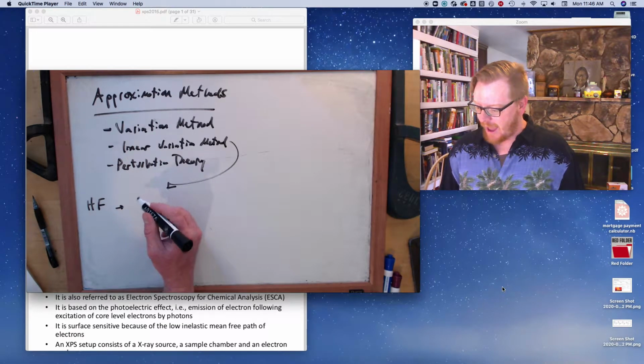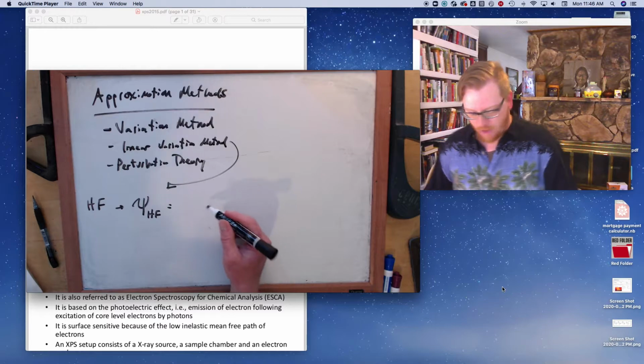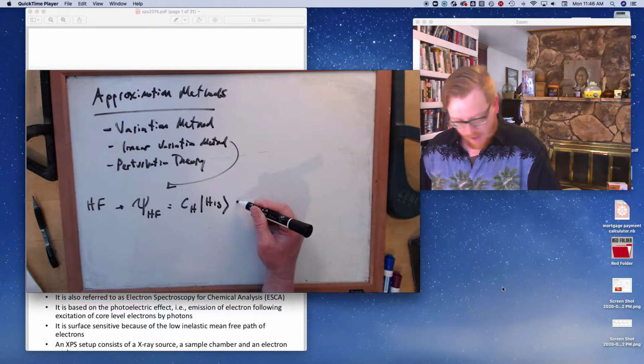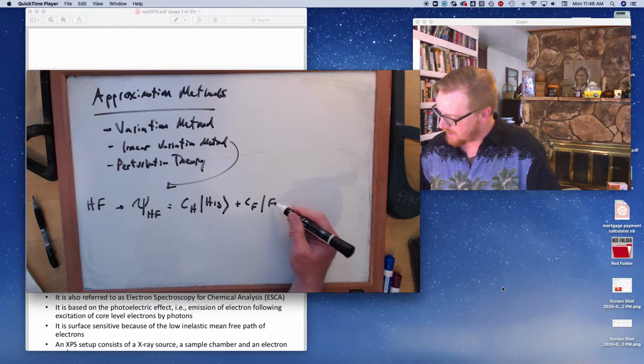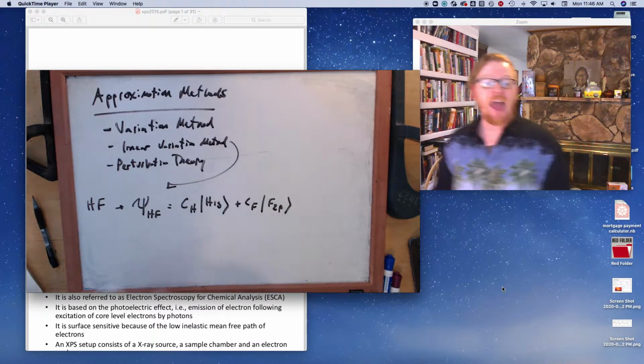If we look at the wave functions created for HF, let me write down my basis set. You can see I've got a basis set comprising H1S and F2P.